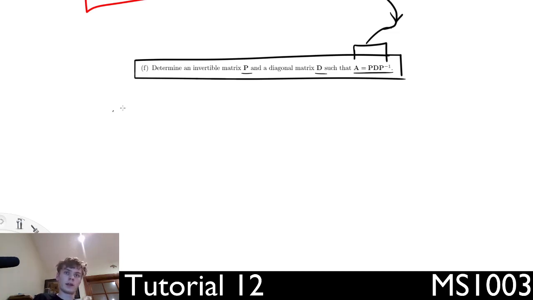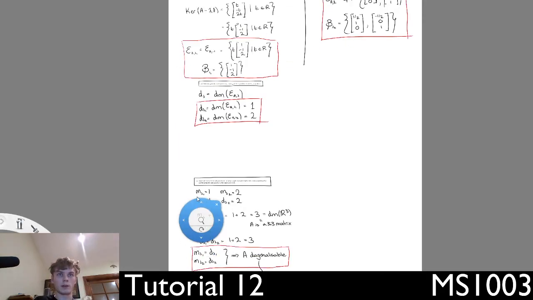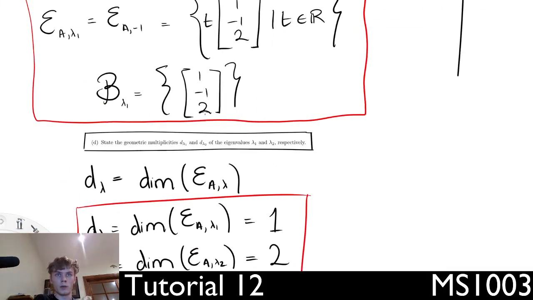If we consider what we found here, we found lambda 1 is 1, lambda 2 is 2, and we found 3 eigenvectors. So the first eigenvector belonged to the first eigenvalue, and it happened to be this guy here, 1, minus 1, 2.